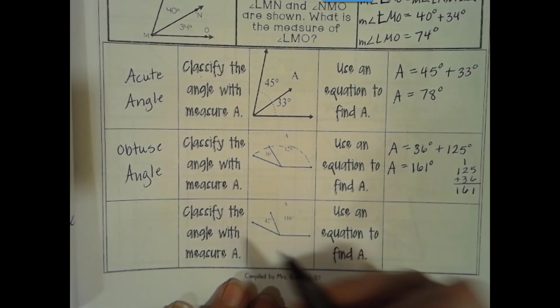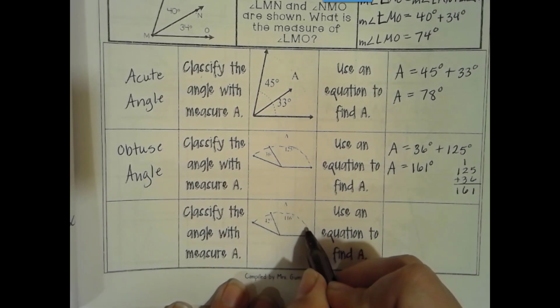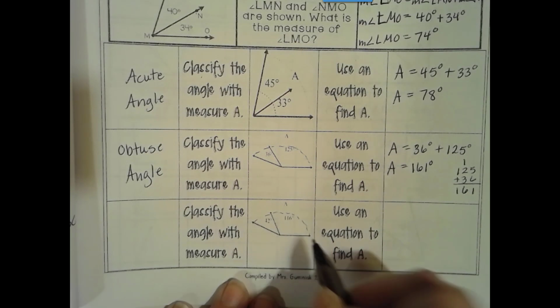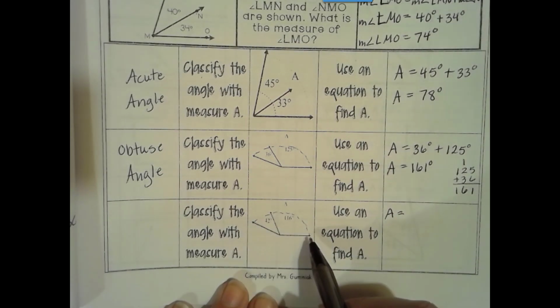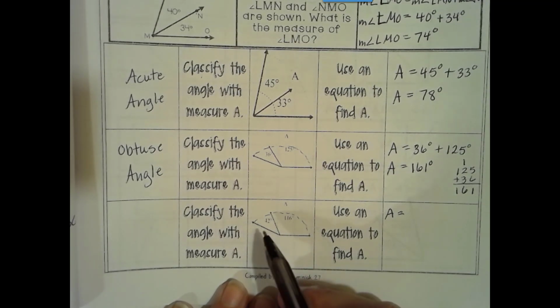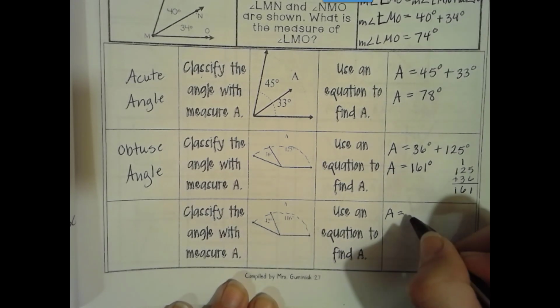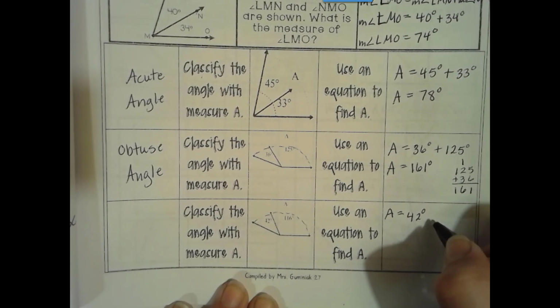Okay, our last one, we're looking at this one. It looks like it's going to be obtuse also. So we're looking for the measure for A for this larger angle that's composed of these two smaller ones. So it's 42 degrees plus 116 degrees.